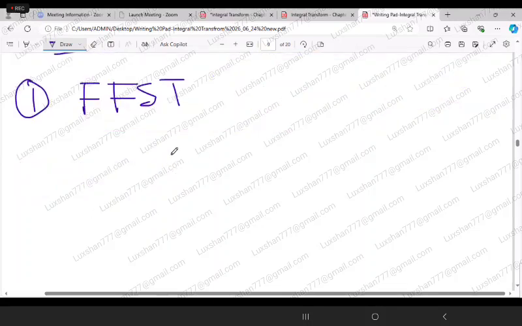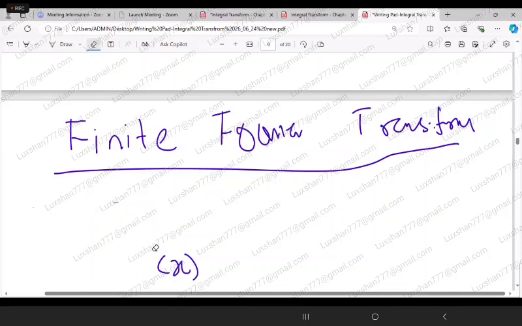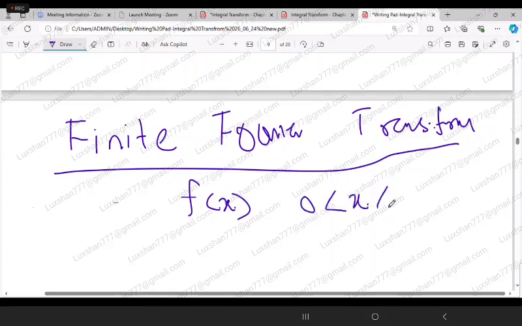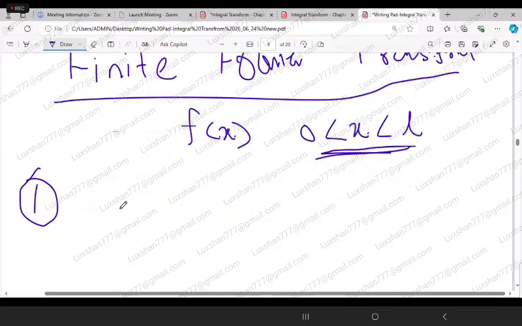Now, we have a function fx. Okay, let me write it here. We have a function fx. The range is this one. Okay, this is very important because we are going to define finite Fourier sine transform and finite Fourier cosine transform.